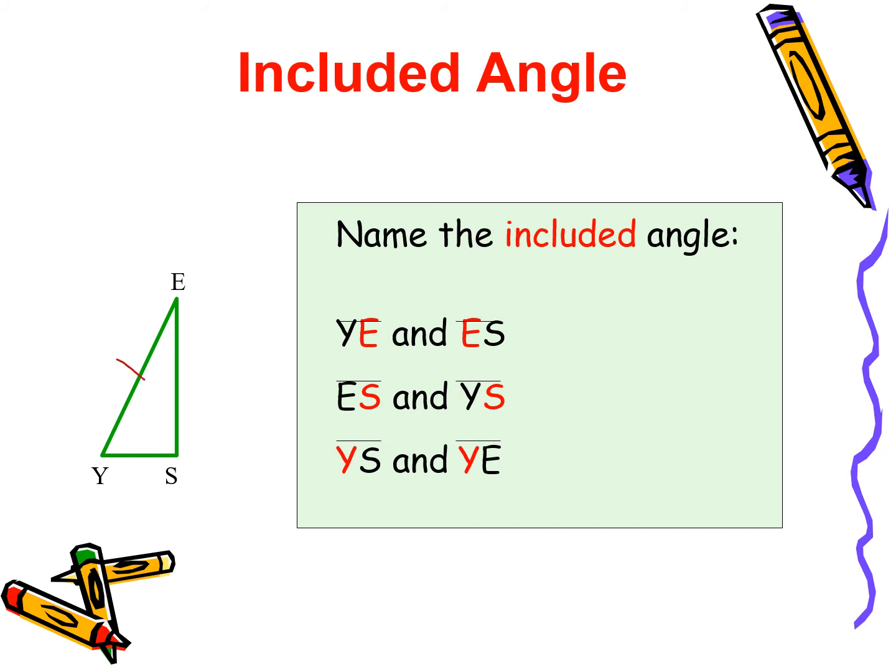For YE and ES, yes, it is angle E. For ES and YS, can you name it? Yes, it is S. And for YS and YE, yes, it is angle Y.